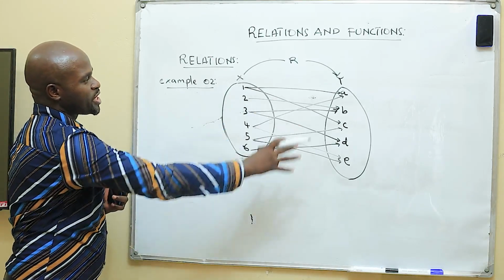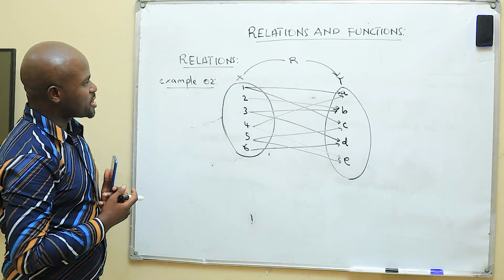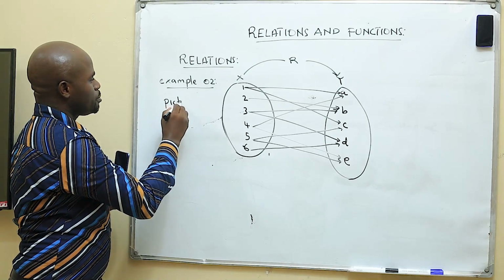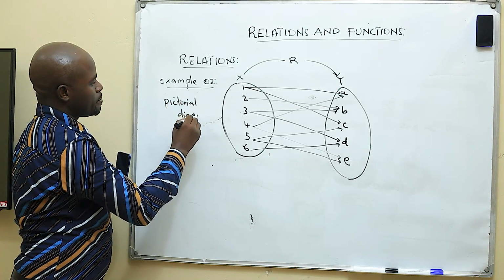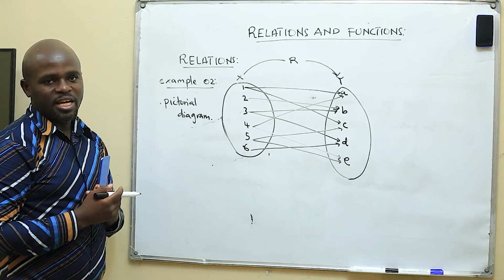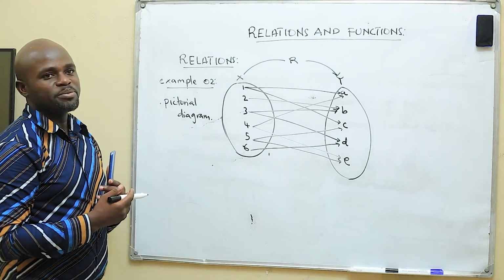Now, this relation has been displayed or represented in a pictorial diagram. This is a pictorial diagram. But the same relation can be represented in terms of ordered pairs.